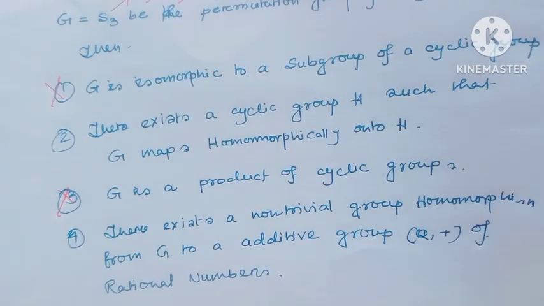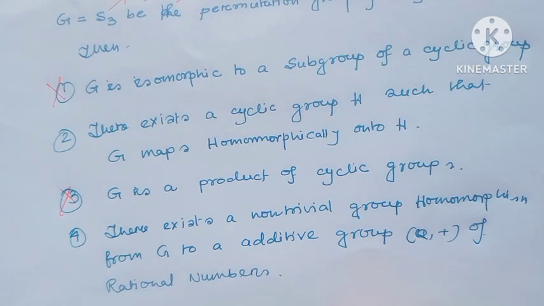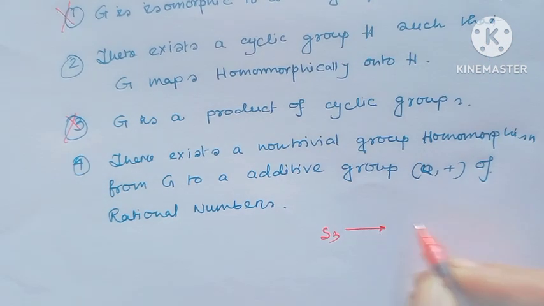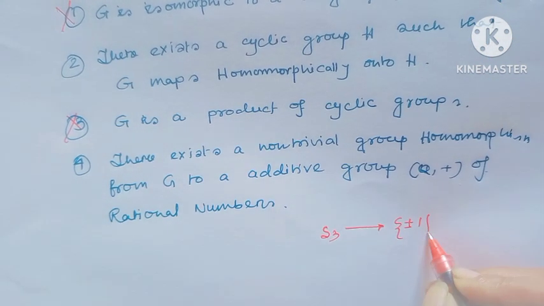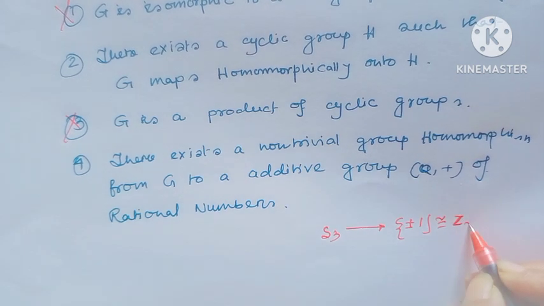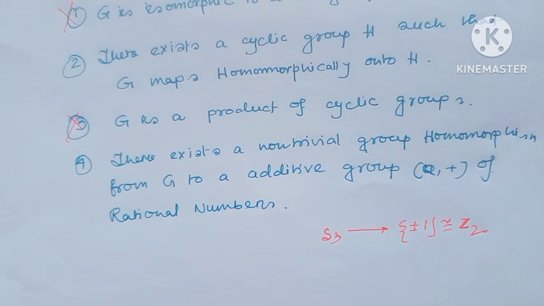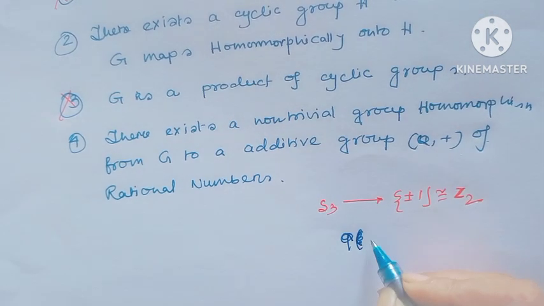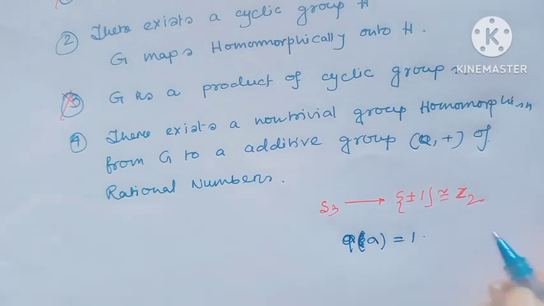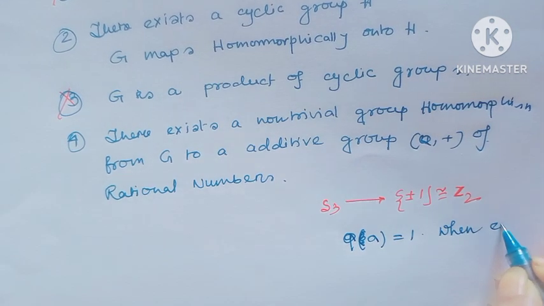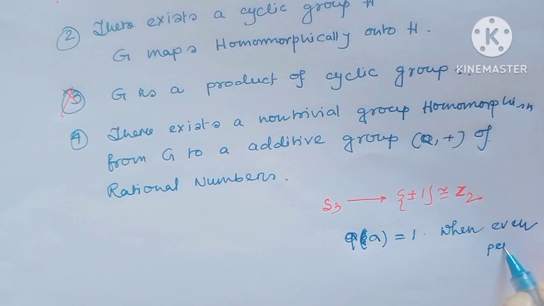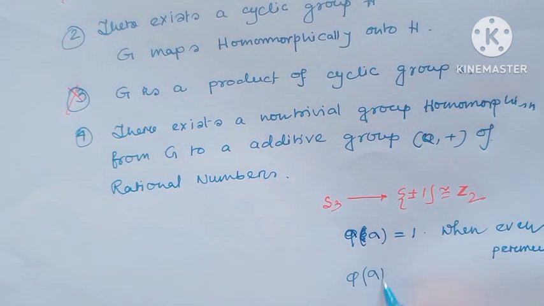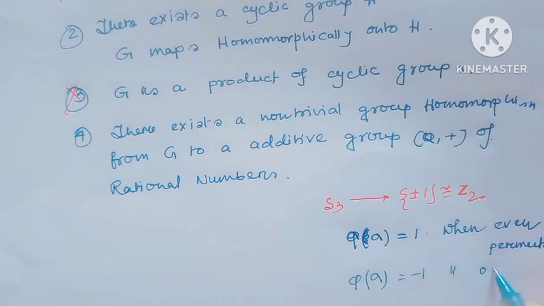Is it true? Obviously. Consider one mapping from S3 to plus minus 1, which is isomorphic to Z2. Then the mapping is such that phi of sigma equals plus 1 when sigma is an even permutation, and phi of sigma equals minus 1 when sigma is an odd permutation.